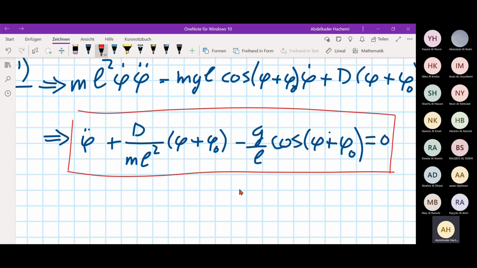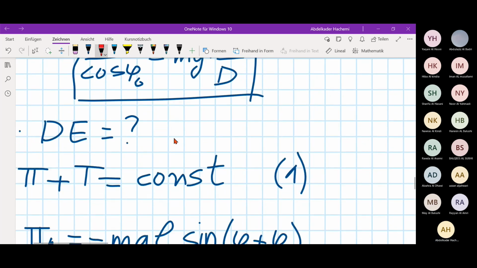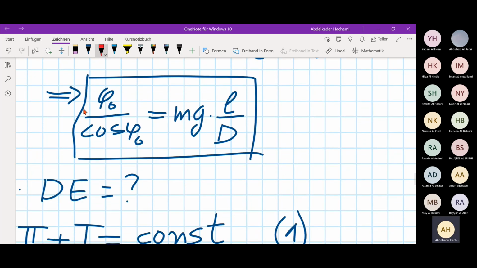Now you can see phi double dot plus d divided by m l squared phi. Let's say now either we replace phi zero here, phi zero divided by cosine of phi zero, by this constant term, as phi zero is constant.